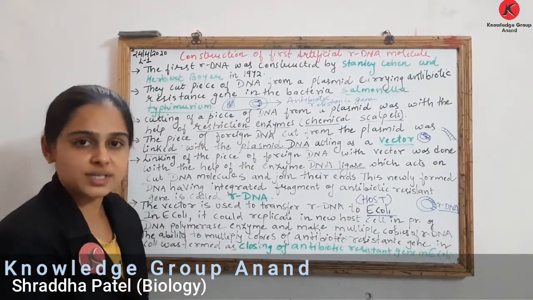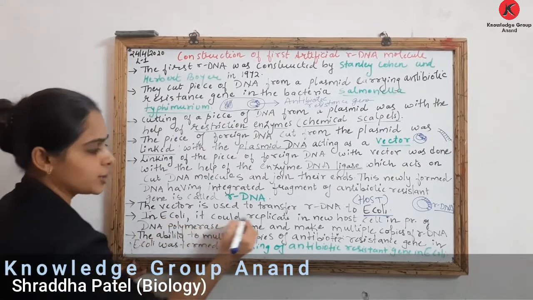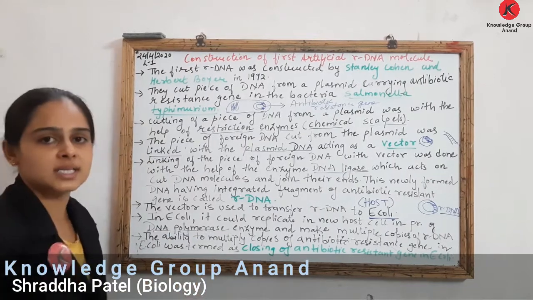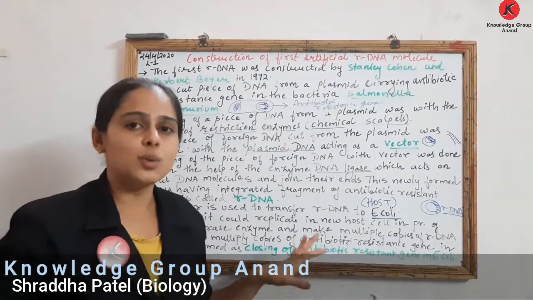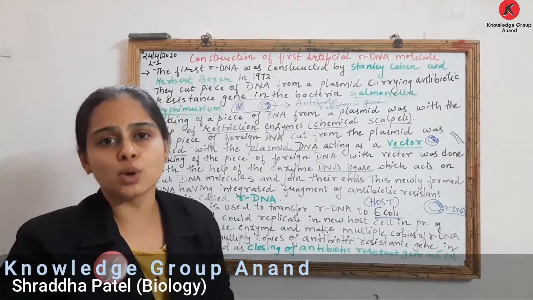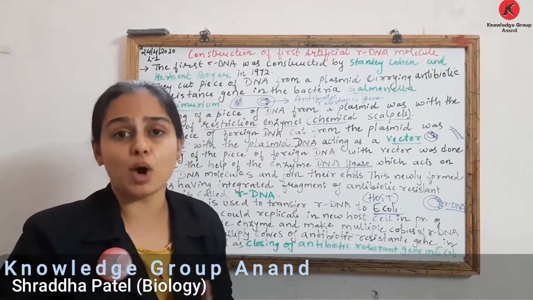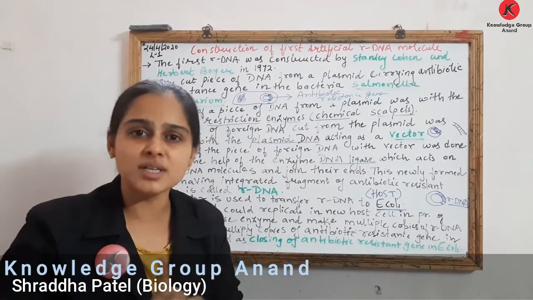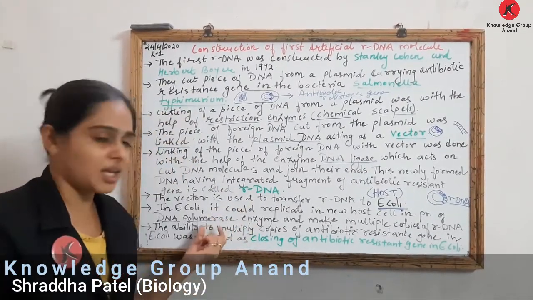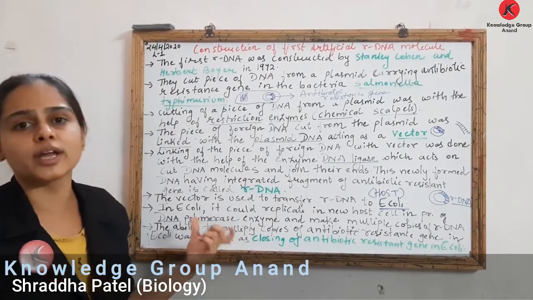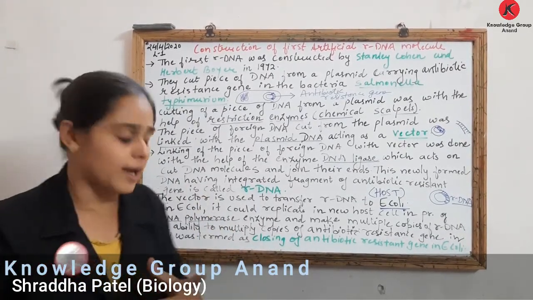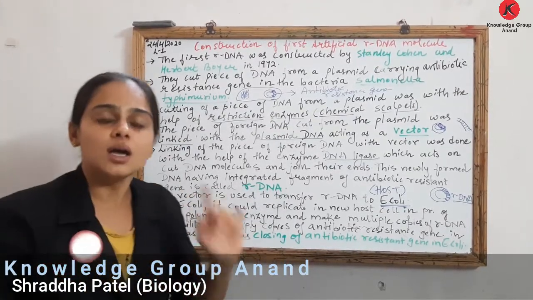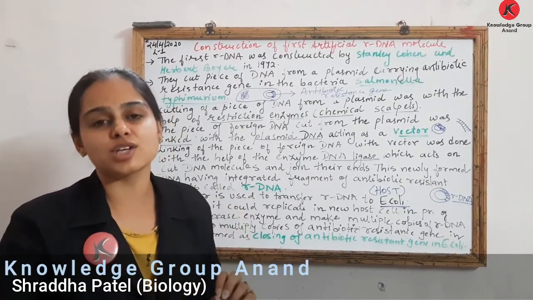Now what happens once it is in E. coli? In E. coli it can replicate in the new host in the presence of, of course, the DNA polymerase enzyme. This you will understand, for the replication process there is importance of one enzyme, your DNA polymerase. This enzyme is very much essential for the replication process to start. You are going to understand this in chapter number 6. Okay, so for now remember this much: DNA polymerase enzyme is utmost for replication to start.